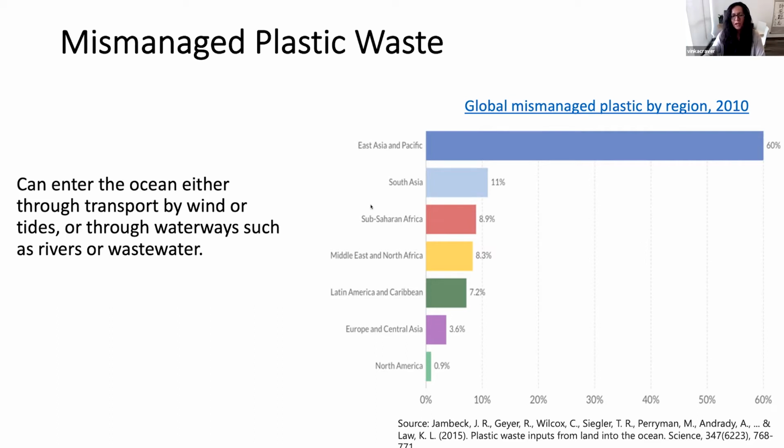But still, only 0.9% of the plastic in the North American region is mismanaged or has fugitive emissions. However, remember that we are one of the larger emitters of solid waste, so if we put it as a share of plastic waste, these numbers would change a little bit.